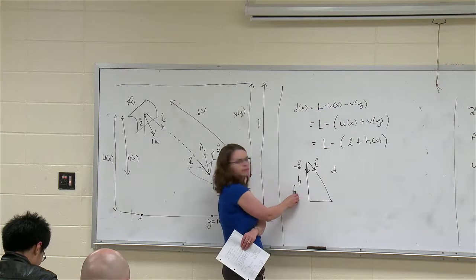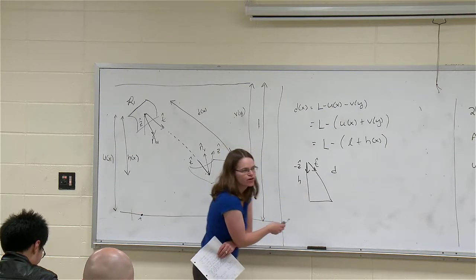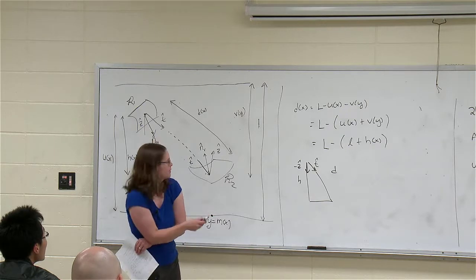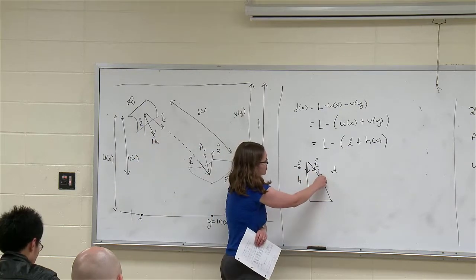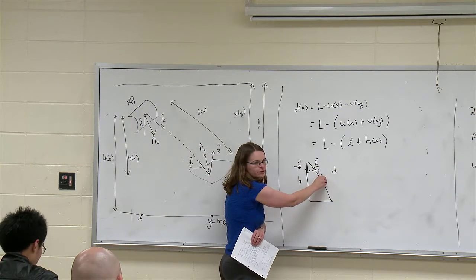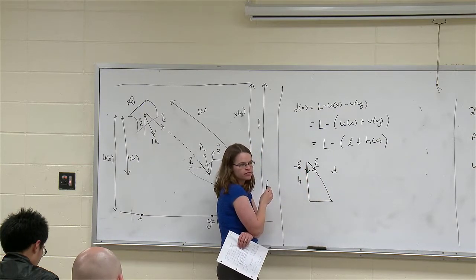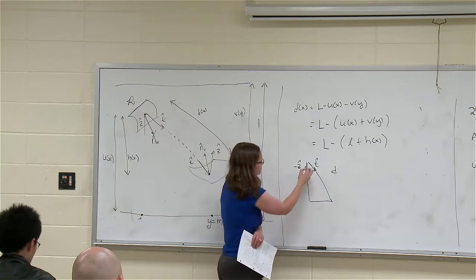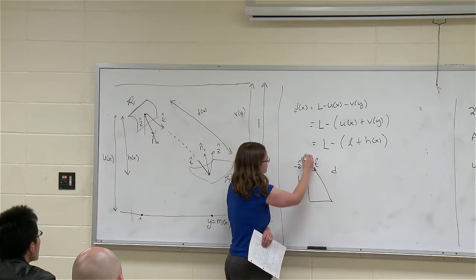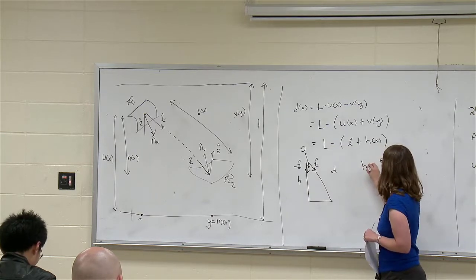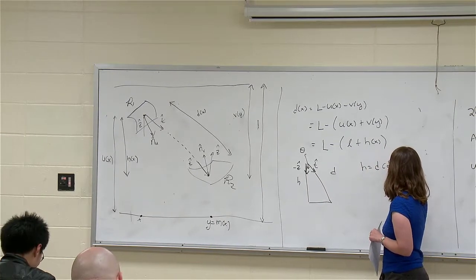Okay, so this is just like high school trigonometry, so we're going to try to work out h in terms of the other things that are in here. Right? We've got the hypotenuse times the cosine of this angle. So if we call that angle, say, theta, h equals d cosine of theta.